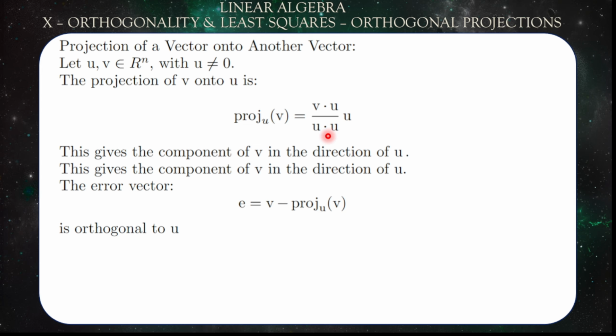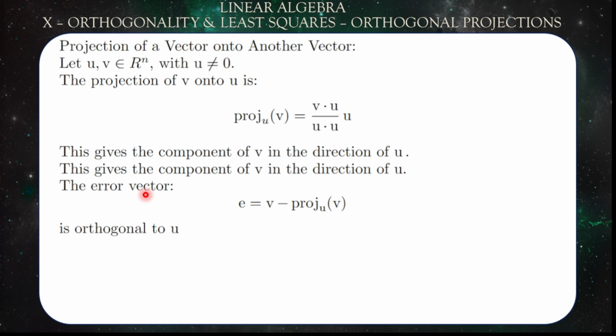Because the dot product gives us a scalar, a finite value, not a vector. So v dot u gives us a value, divided by u dot u gives us another value, multiplied by the u vector. This gives us the projection of v onto the u vector. This gives the component of v in the direction of u.